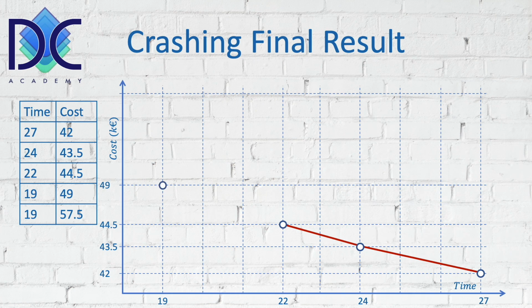Then we go to the final, the shortest duration, with a duration of 19 periods and a cost of 49K. Now we continue with the vertical line where we crash everything, and we see that for that duration, 19 periods, when we crash everything, we have the cost of 57.5K.